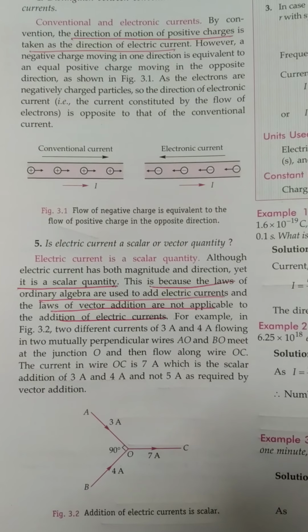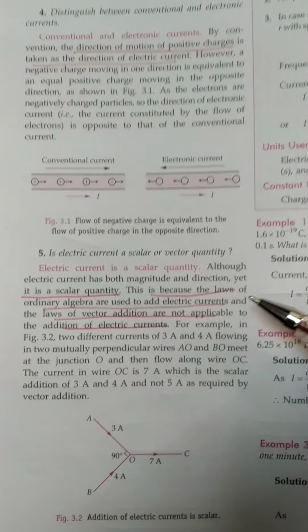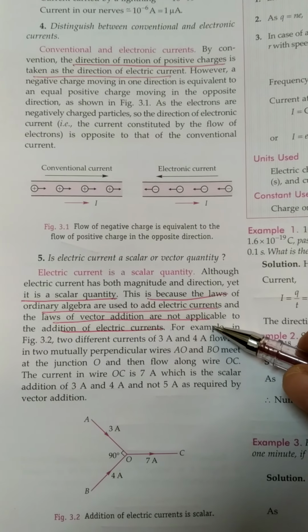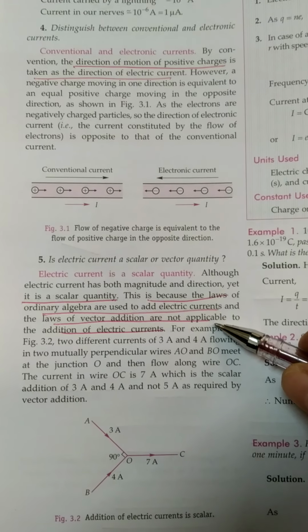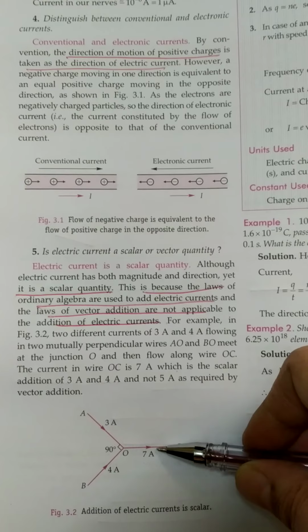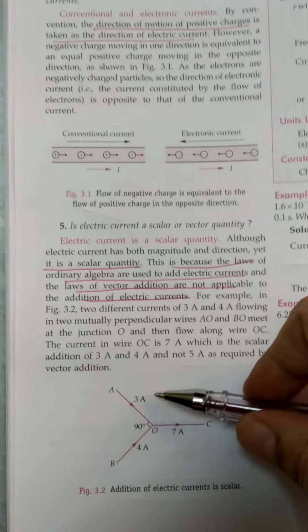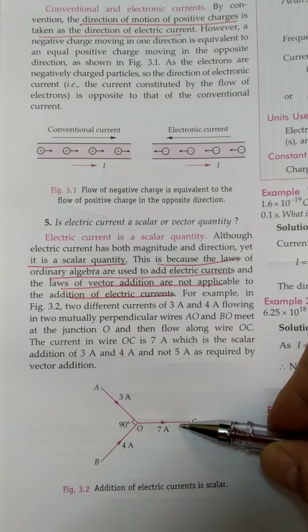quantity. It is not considered as a vector quantity because the laws of ordinary algebra are used to add electric currents. We cannot apply the law of vector addition to calculate the current in the third wire. We generally add the currents. 3 ampere plus 4 ampere is equal to 7 ampere in the third wire.